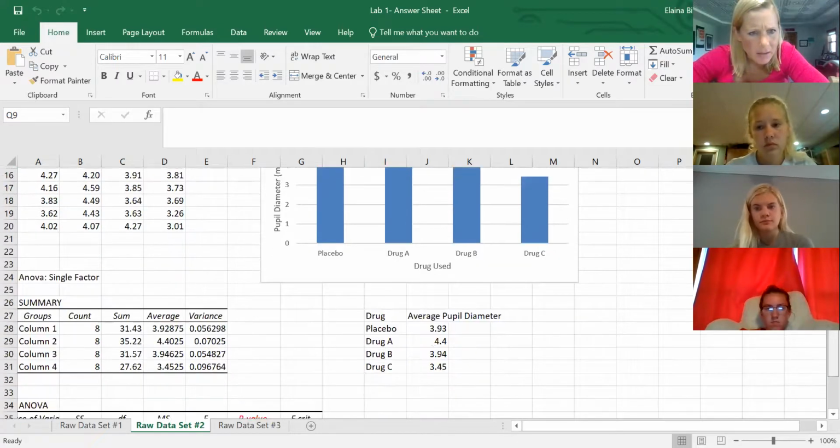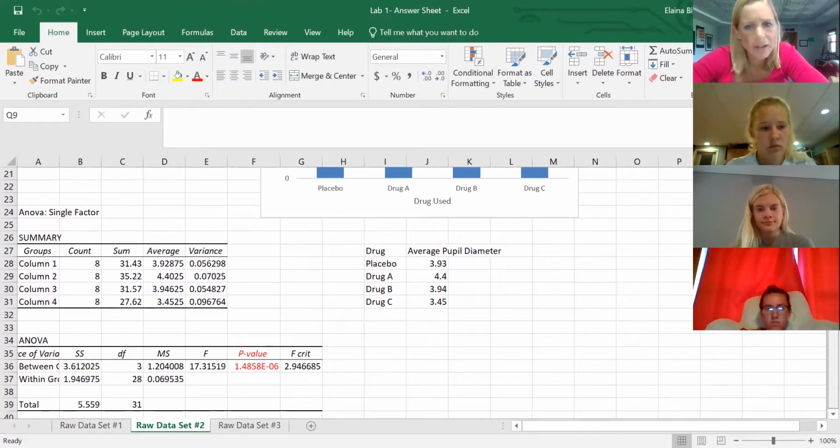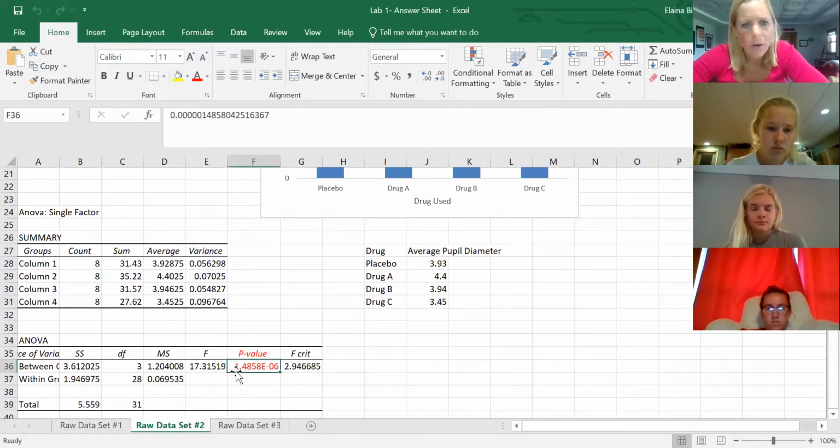Let's see. Oh, one other thing to note, a couple of you, and again, these are things that I wouldn't necessarily expect you to know, especially if you haven't taken a research methods class. So if the p-value is 1.48 and then you see this E negative 6, look up here at the bar.